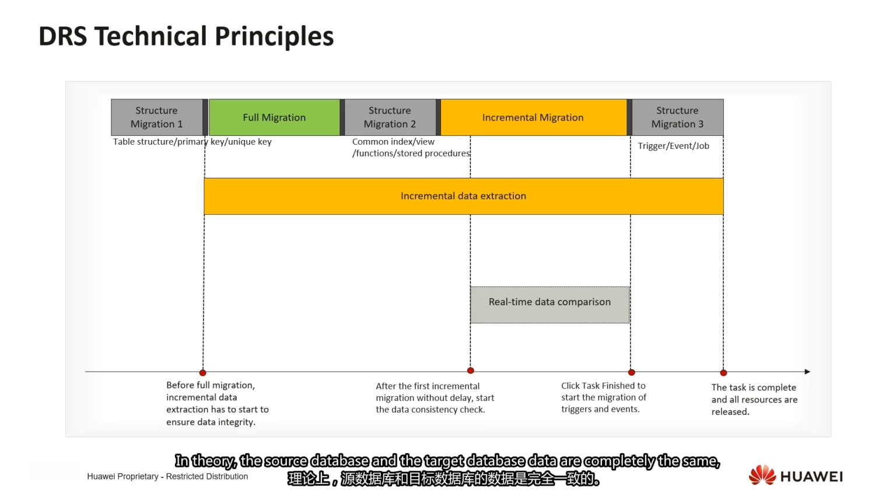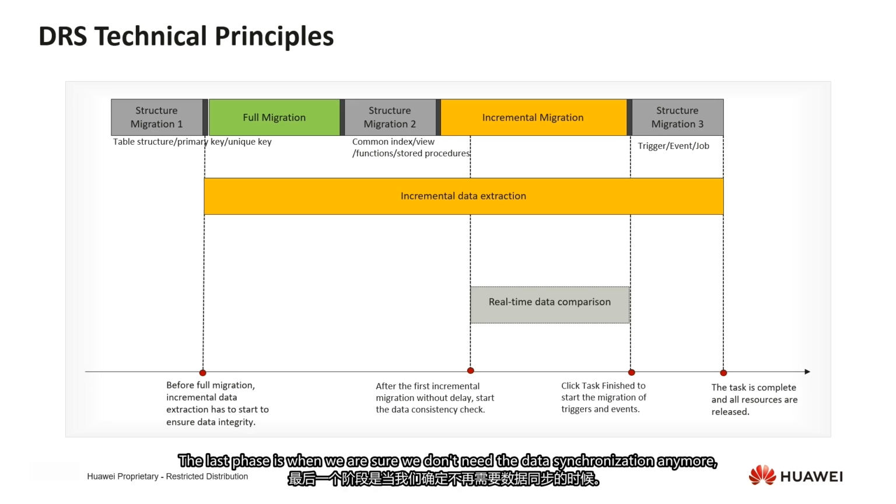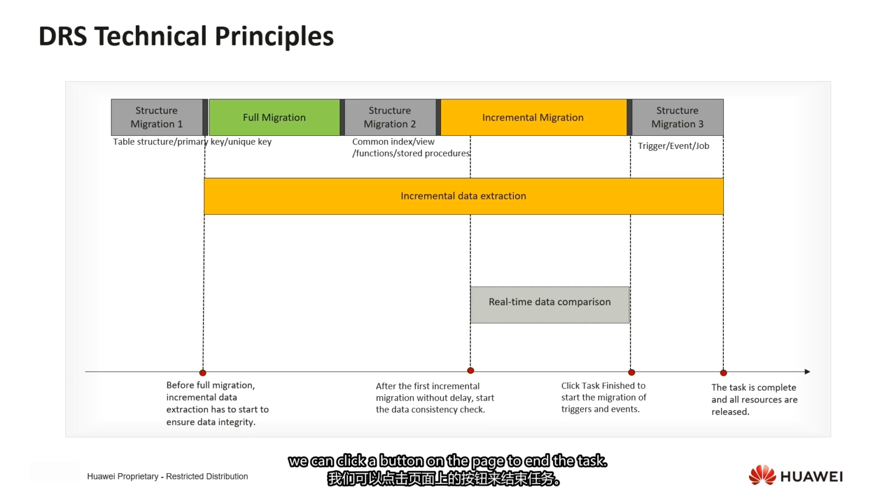In theory, the source database and the target database data are completely the same, so we can start a comparison task for data. The last phase is when we are sure we don't need the data synchronization anymore, we can click a button on the page to end the task.